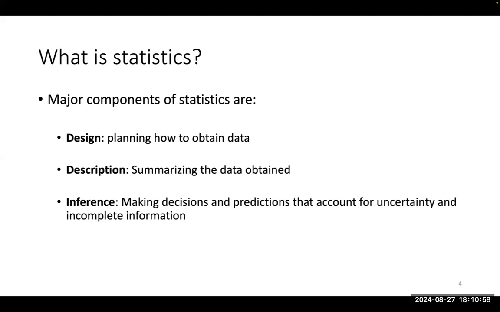Then thirdly, we have the inference, which is the inferential statistics part. You make decisions and predictions that account for uncertainty and incomplete information. At the end of the day, you want to find a way to use the statistics and analyses that you've done in your sample for decision-making on populations.